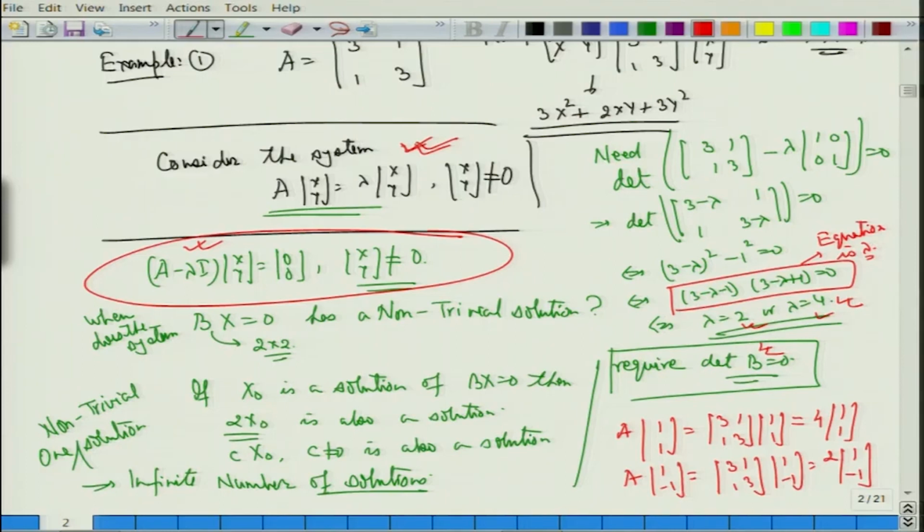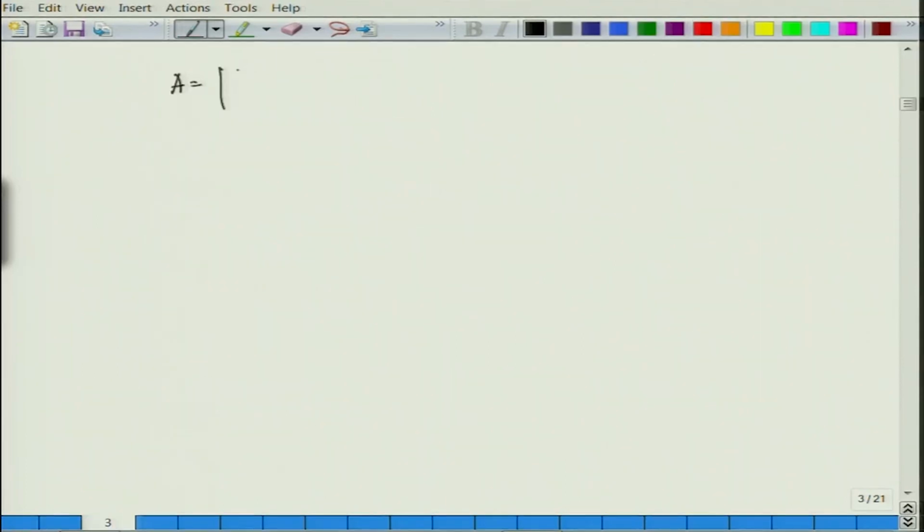So, I have my A, the matrix [3 1; 1 3], and lambda equal to 2 or 4; these are the two choices for lambda. The idea was to find A times (x, y) equal to 2 times (x, y), and A times (x, y) equal to 4 times (x, y).